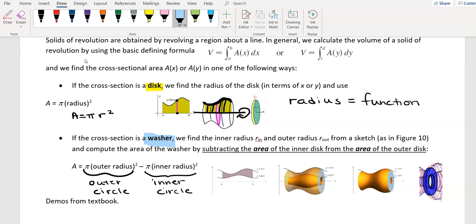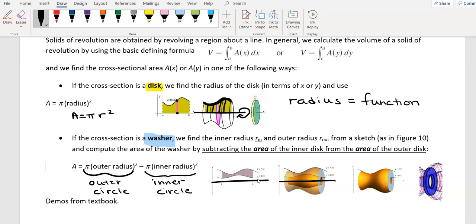So let's get an idea of what's happening here with this example at the bottom. Here we have a function on top and then a function underneath, and we're trying to rotate this around the x-axis. When we do that, here's my axis in the center.